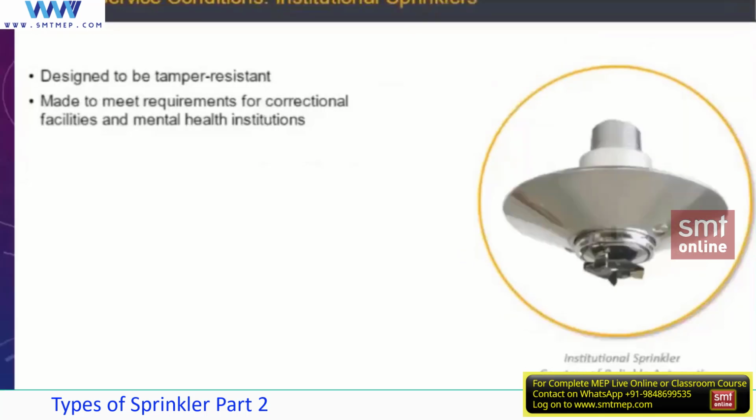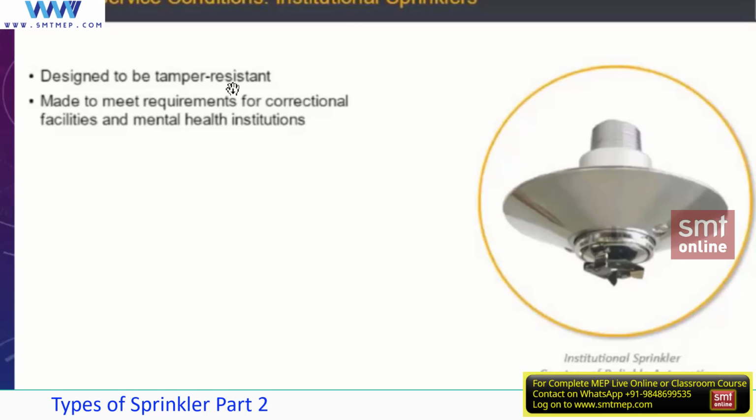Okay. Next, in case you think the sprinkler can be damaged accidentally, for example in mental health institutions where people may damage the sprinkler, or engineering colleges where sometimes strikes happen, in that case we have the tamper resistance type.